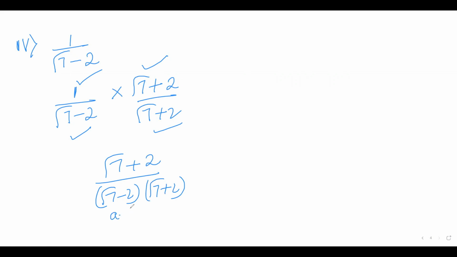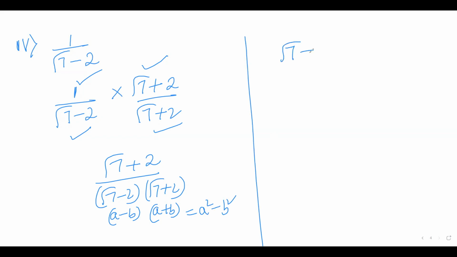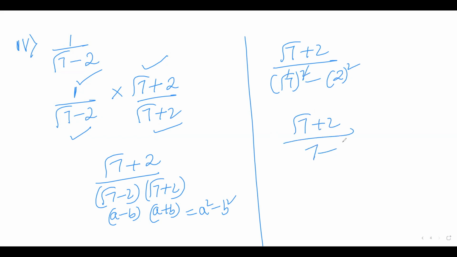It is in the form of (a minus b) into (a plus b), which can be written as a square minus b square. Square and root cancel. 2 square, 2 twos are 4. So the answer is root 7 plus 2 by 7 minus 4, which is 3. That's it.